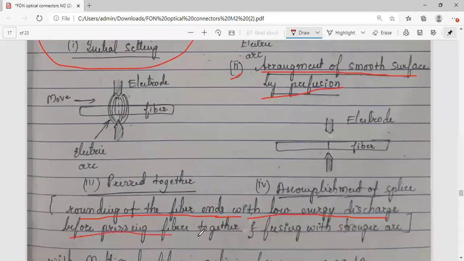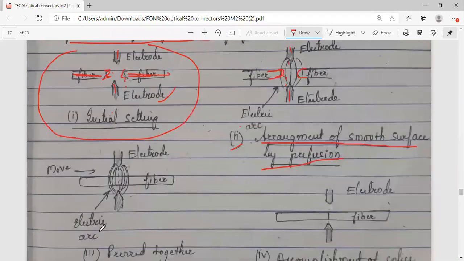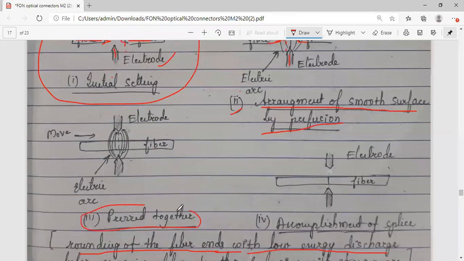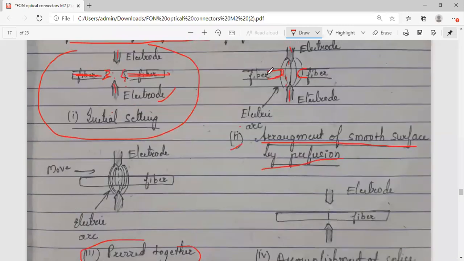That is your second step before pressing the fibers. First is irregular shapes. Second, these electrodes give a low energy discharge, so that the face becomes round. Rounding the face of the optical fibers.